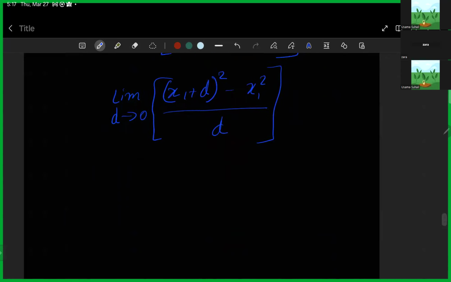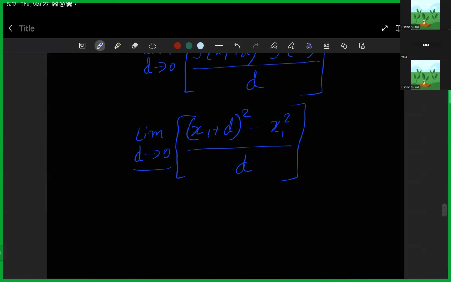Now, if I apply this right now, if I say that limit d approaches 0 and I make this d go to 0 and this d go to 0, because we want it to reduce to 0, whenever we apply the limit, these d's will be switched with 0. We will assume that d has now become 0.